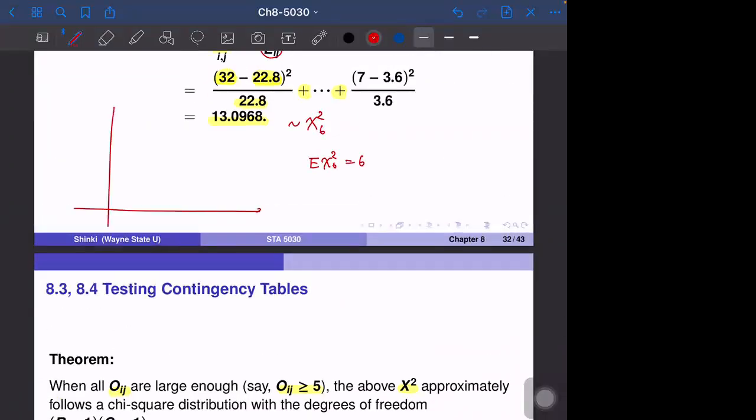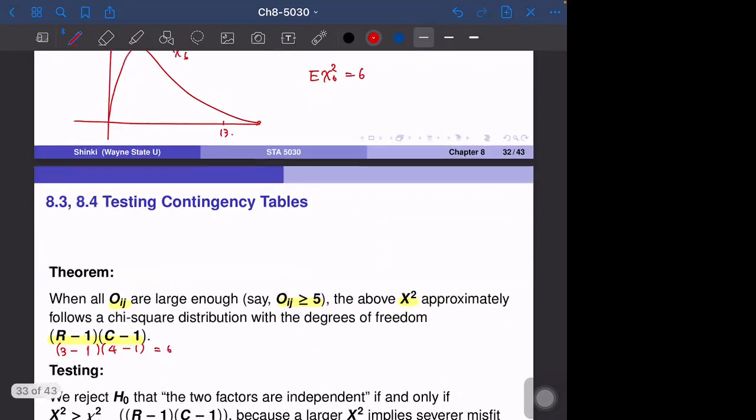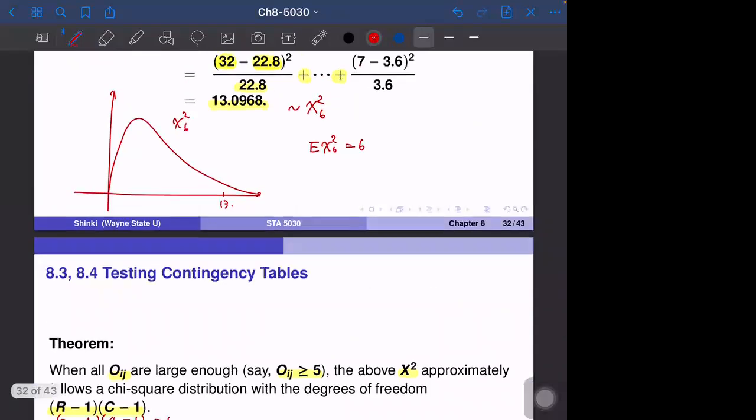We can calculate the p-value based on this. We take the chi-square distribution with 6 degrees of freedom and take 13.0 something, and then we calculate here. This is the p-value.